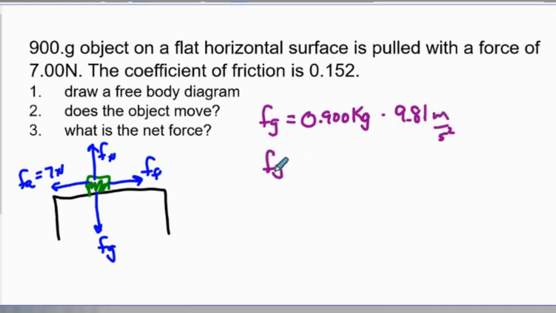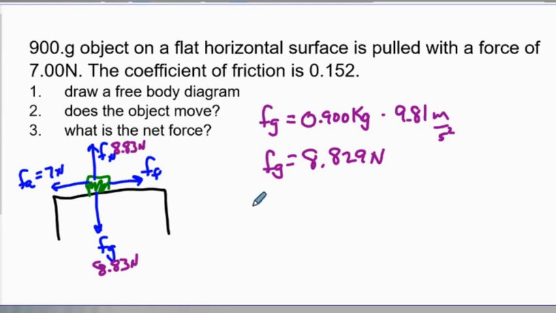And I'm going to find that my force of gravity here is 8.829 newtons. I'm looking at 3 digits, so how about 8.83? Okay, my normal force going up will also be 8.83 newtons upward.